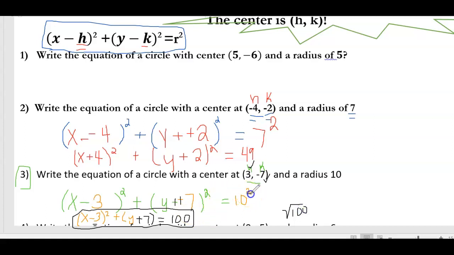See my formula? It's squared. So I know that to undo a square, you have the square root. So what's the square root of 100? It's 10. 10 times 10 is 100. So my radius is 10. So just by looking at this, I can come up with my center and my radius, which we're going to have to do next. I think we have one more practice problem.